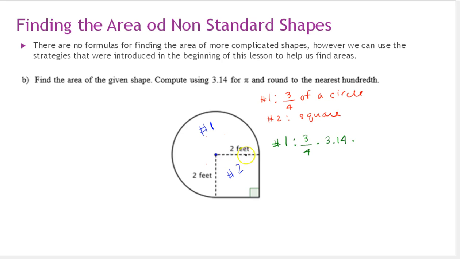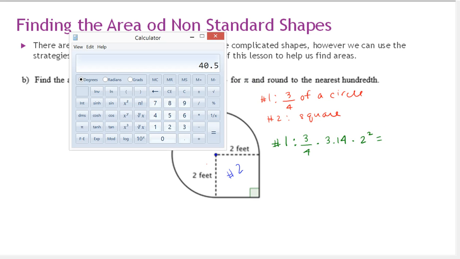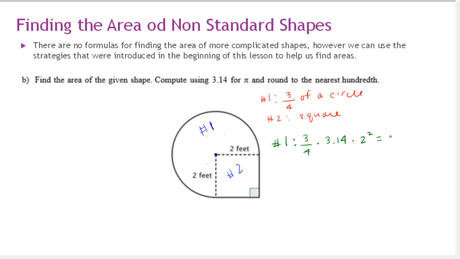The radius of the circle is 2 feet, so 2 squared. Let's compute this on the calculator. 3 divided by 4 times 3.14 times 2 squared, which is 4. And we get 9.42 feet squared.